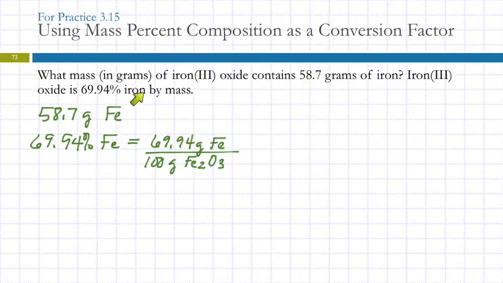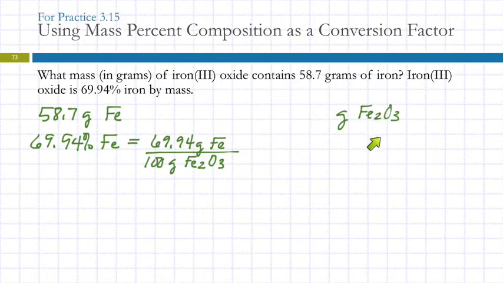So now we've got our numbers written down. What are we trying to find? What mass of iron 3 oxide? Right? So we're trying to find mass in grams of the iron 3 oxide that has this much iron in it. So here I've been given two numbers, and sometimes it's hard to decide which of these do I start with.